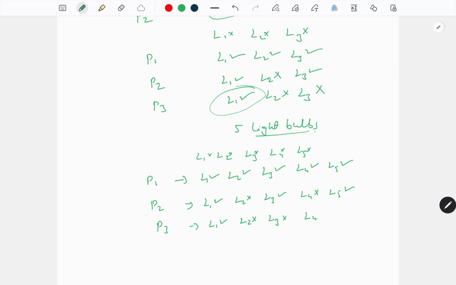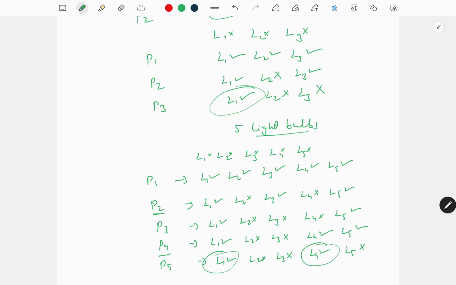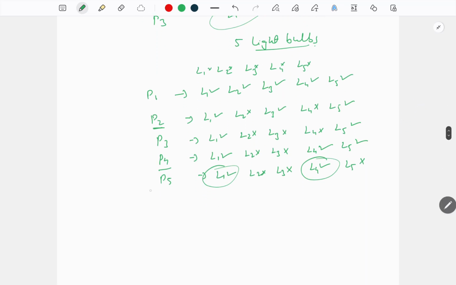P4 comes and toggles L4, which turns on again. Now P5 comes: L1 is on, L2 is off, L3 is off, L4 is on and L5 is turned off. So now two light bulbs are on.